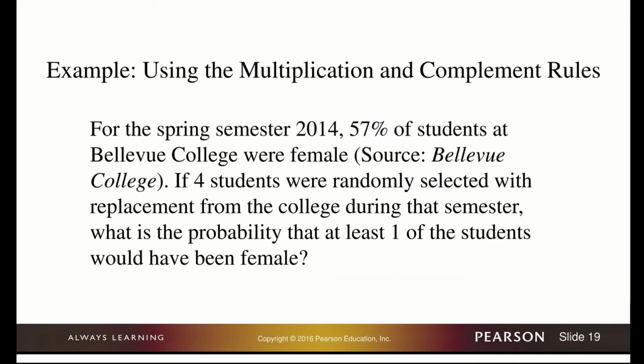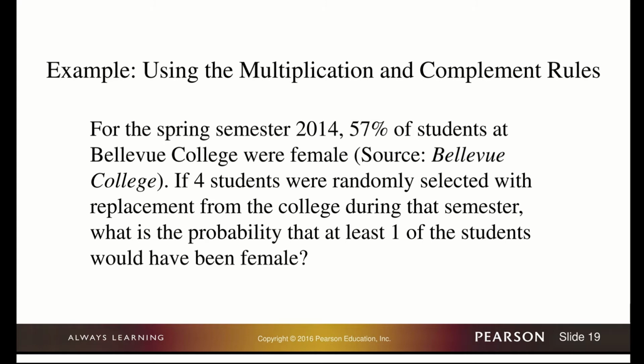All right, here's a nice example which will involve both the complement rule as well as the multiplication rule. So for the spring semester 2014, 57% of students at Bellevue College were female.